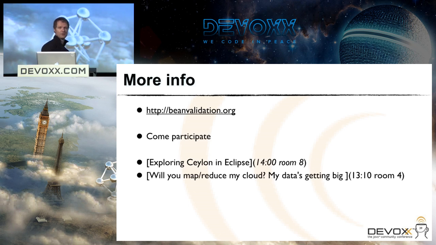And on a side note, there's been a schedule change. Gavin King is going to talk about Ceylon and show you how to code in Ceylon entirely in the Eclipse IDE. So I think it will have no slides or very few slides. It's in this room at 2 p.m., so have a look.